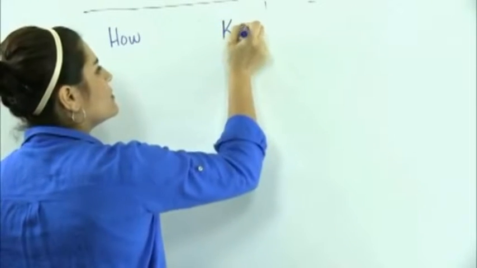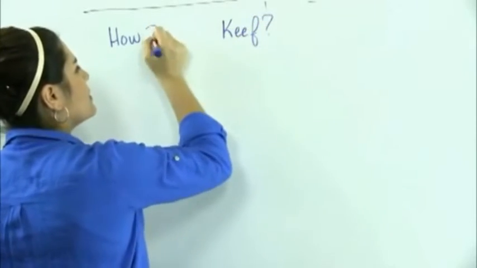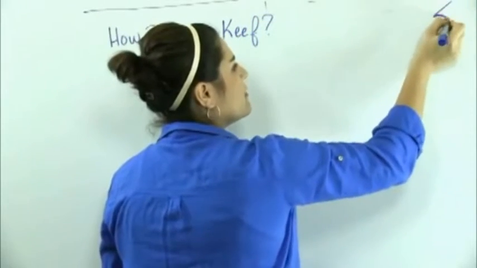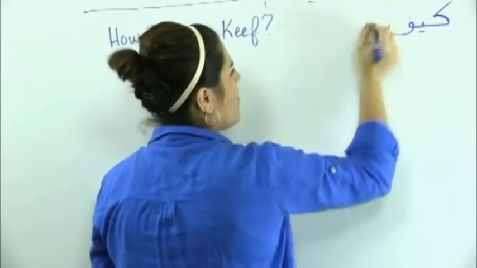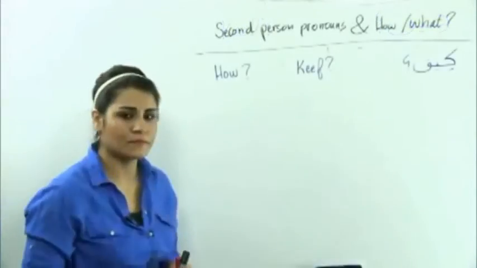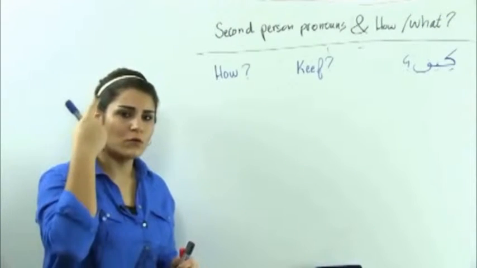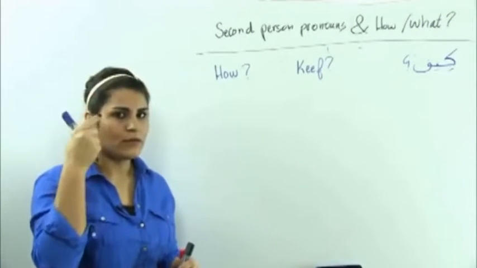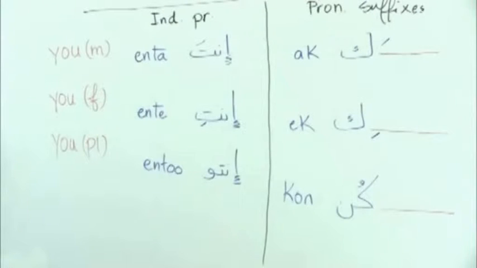I'm going to write it in chatting and write the question mark, and in Arabic. Okay? So now we're going to go back in the memory to the second person pronouns, independent and connected.